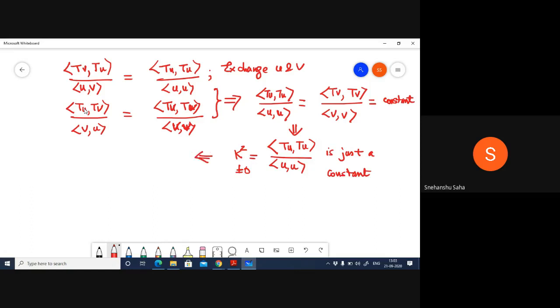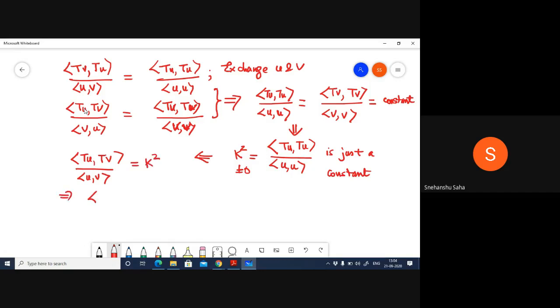We wanted to show that this ratio is constant, because if you go back to the previous whiteboard, we wanted to show that this is constant. And if this is constant, I can go back to any one of these equalities earlier, and I can hook up this TU·TV over UV equal to k squared.